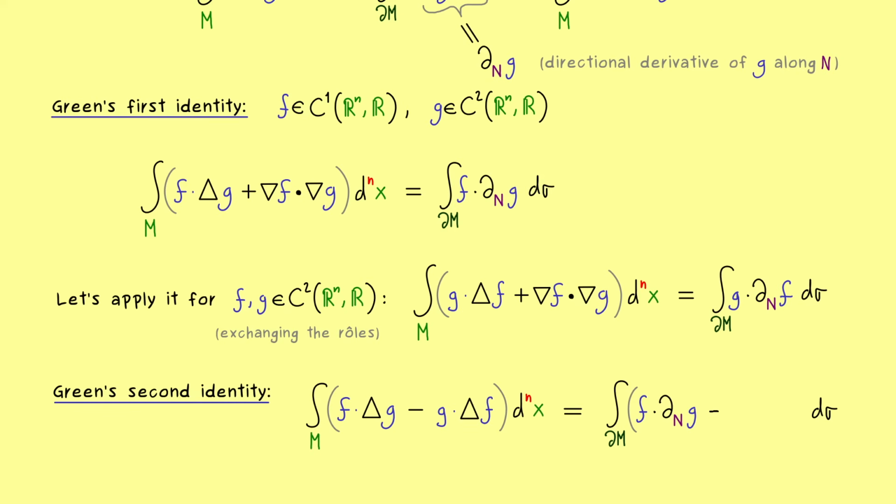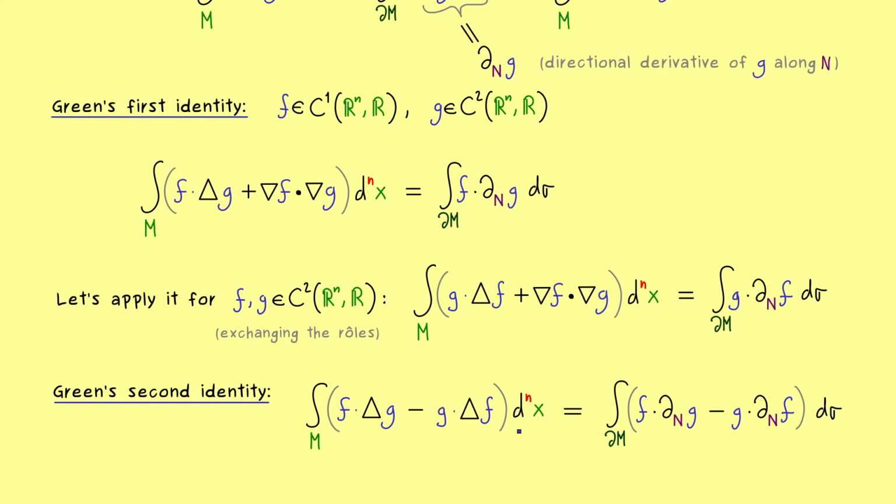So what actually happens here is that the Laplacian is replaced by the directional derivatives. So you could say the second order partial derivatives are reduced to first order partial derivatives. And therefore you might already guess that this is a formula we can use for solving partial differential equations involving the Laplace operator.